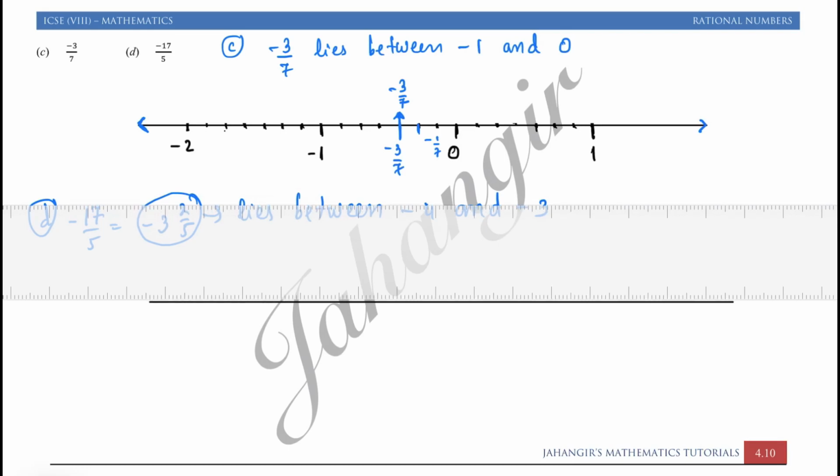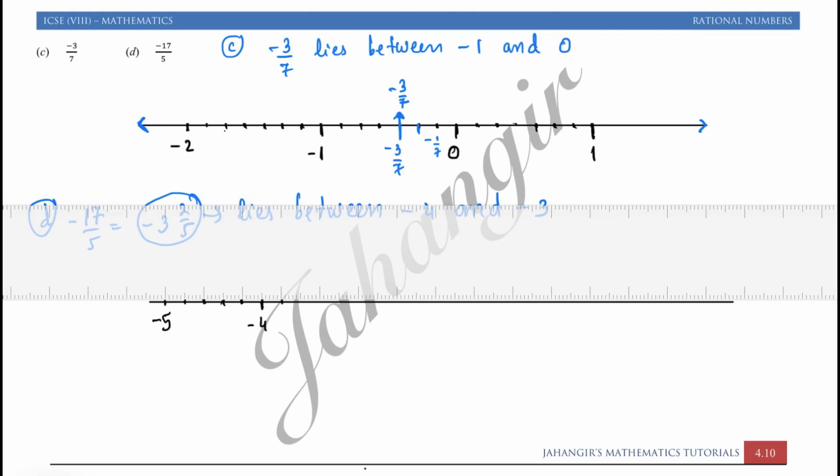Starting with minus 5, we need 5 parts. So minus 5, then 1 by 5, 2 by 5, 3 by 5, 4 by 5 and 5 by 5. This is minus 4.